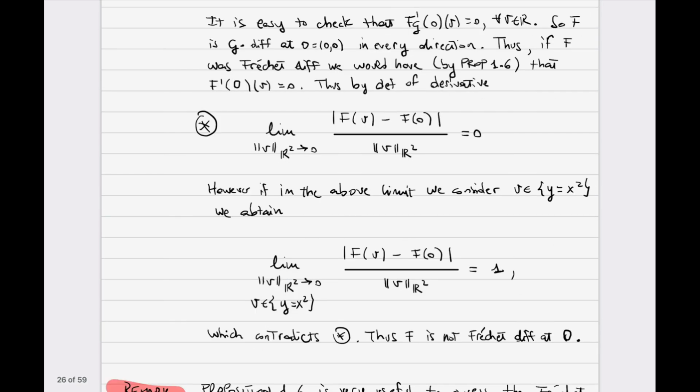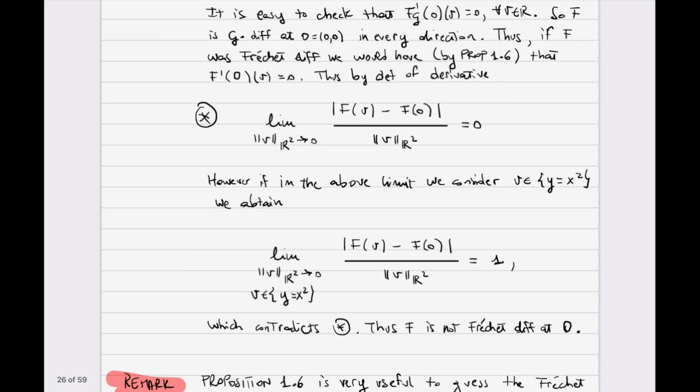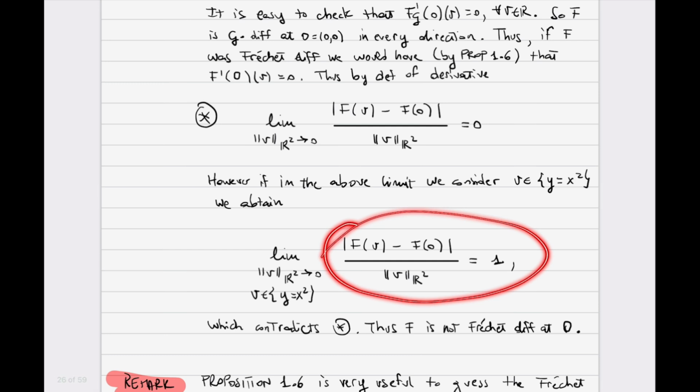However, if in the above limit we restrict ourselves to the direction along this parabola here, we find by direct calculation using the definition of f that this limit is equal to 1, which contradicts star. Therefore f cannot be Fréchet differentiable at 0.